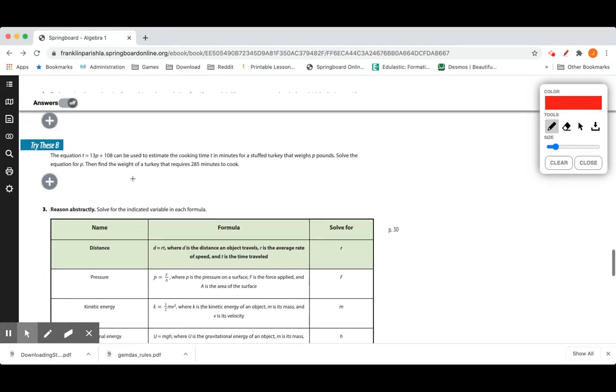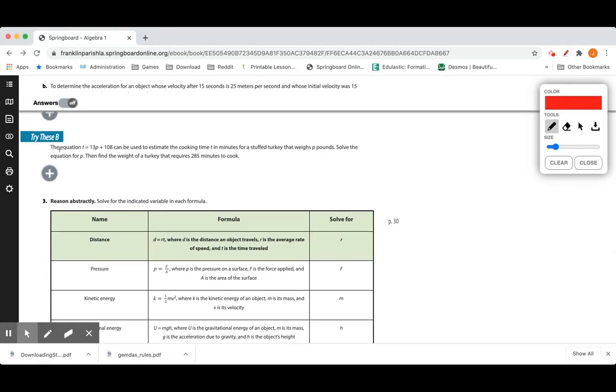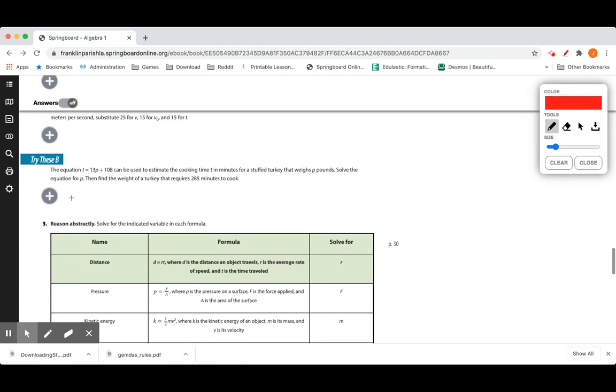On number 3, let's look at this first. Before we do 3, let's try this for B. The equation T equals 13P plus 108 can be used to estimate the cooking time in minutes for a stuffed turkey that weighs P pounds.